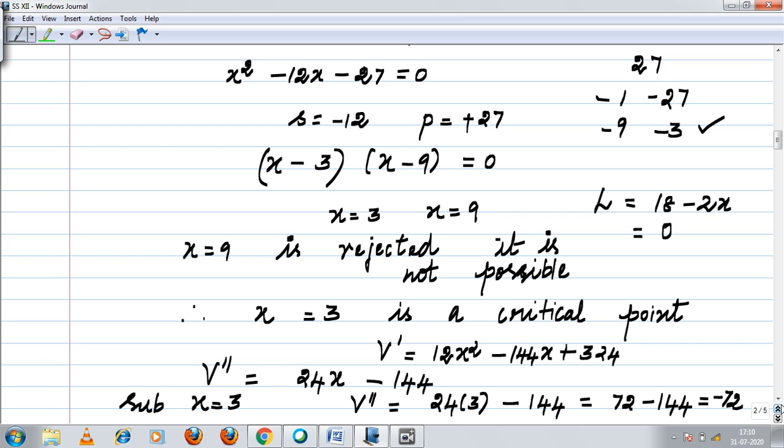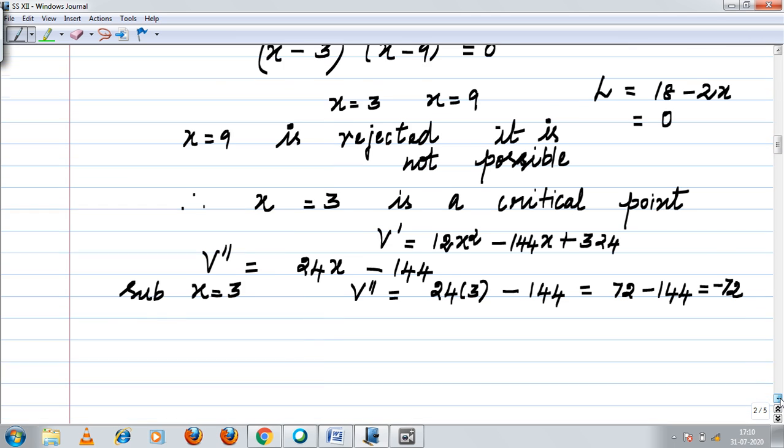V double dash is negative, which is less than 0.